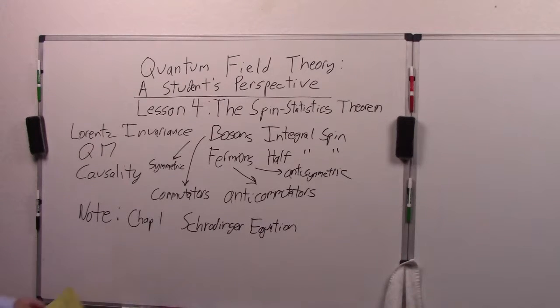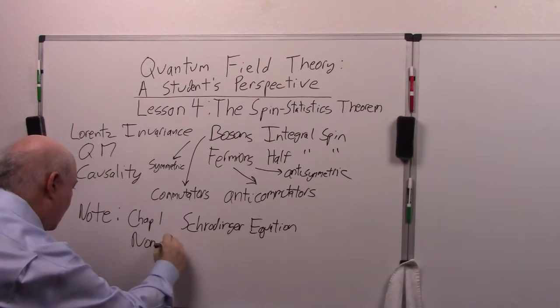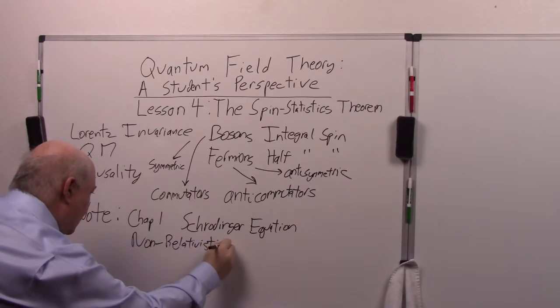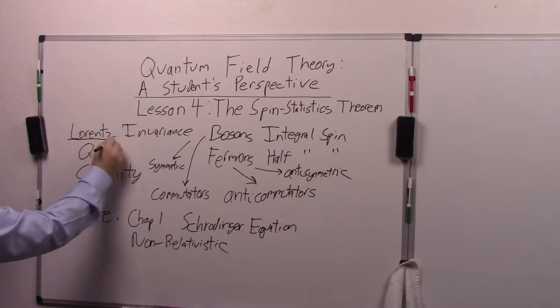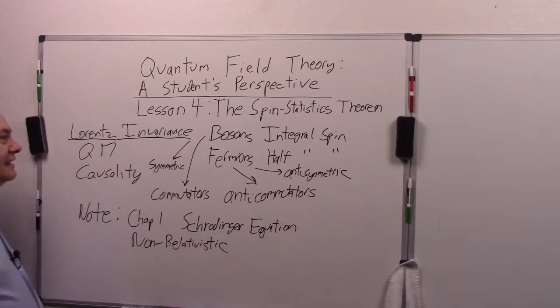So doesn't that contradict our theorem? The answer is no, because this is non-relativistic. It doesn't meet Lorentz invariance. So just remember that. If you're dealing with a non-relativistic theory, you can have different things. Also, I watched a recent lecture: even for non-relativistic quantum mechanics in 2 dimensions, there are some very interesting things that can happen due to topology.